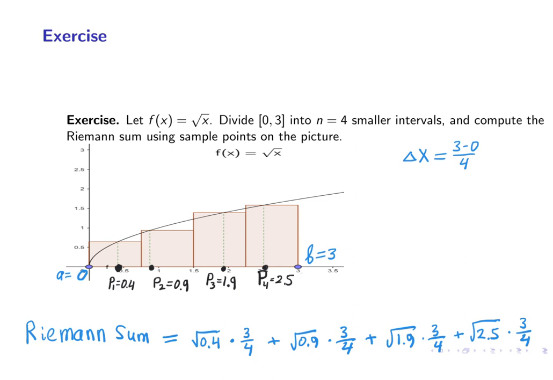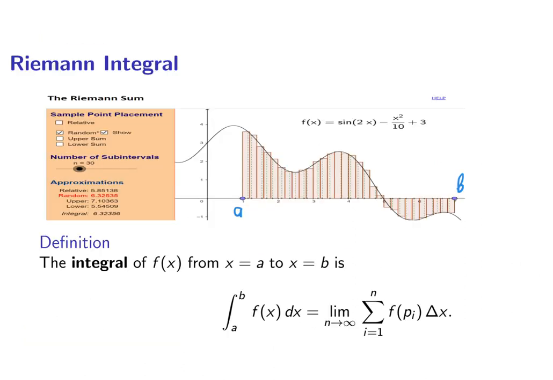and we get the Riemann sum. We can write the Riemann sum for any value n, where n is the number of intervals, and for any choice of sample points. Now, just like for estimating the distance traveled from the velocity curve, the more frequently you sample the velocity, the more accurate you get the result for the distance traveled.